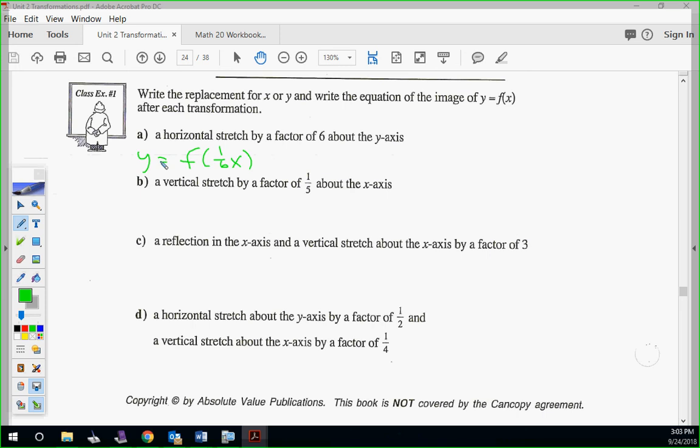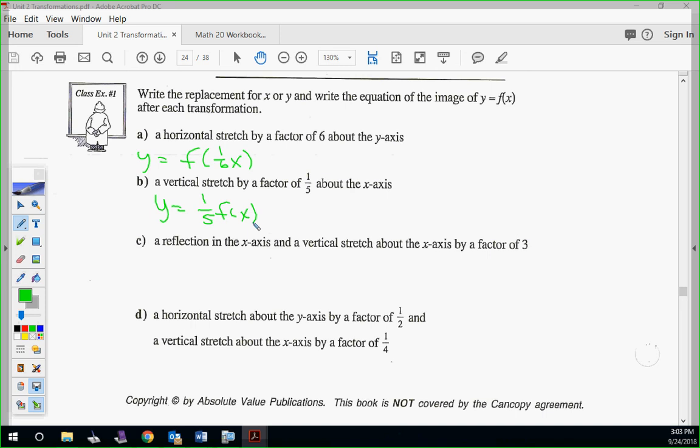Vertical stretch by a factor of 1/5. What would that one be? So it would be that, right? 1/5 f of x. Okay. A reflection in the x-axis and a vertical stretch about the x-axis, a factor of 3.